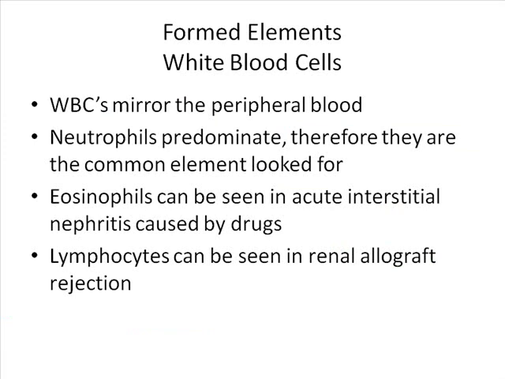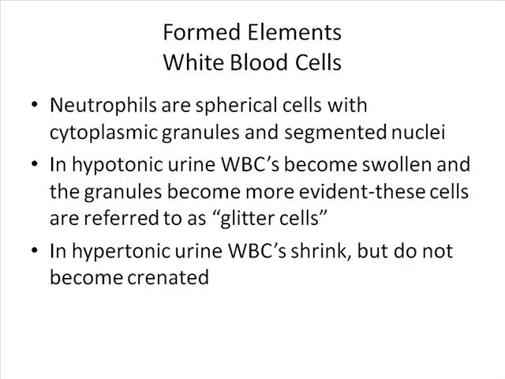All right, WBCs, they do mirror what is going on in your peripheral blood. So most commonly you're going to see neutrophils. It is very uncommon to see lymphocytes or eosinophils unless you have some other thing going on, as I discussed earlier.